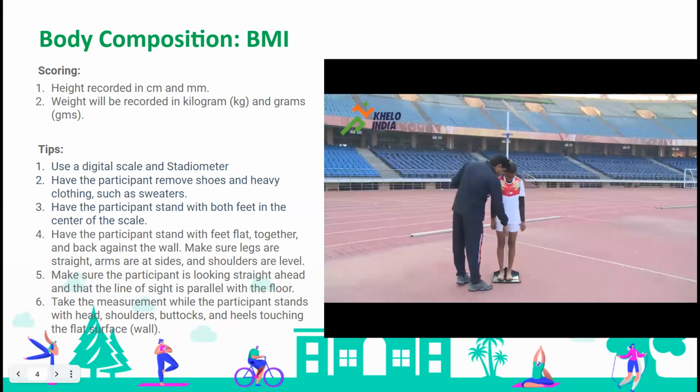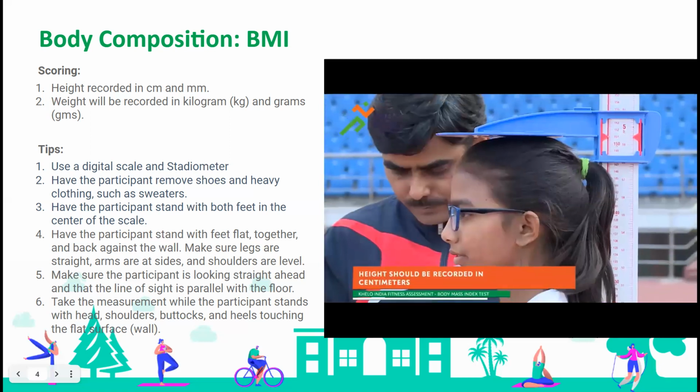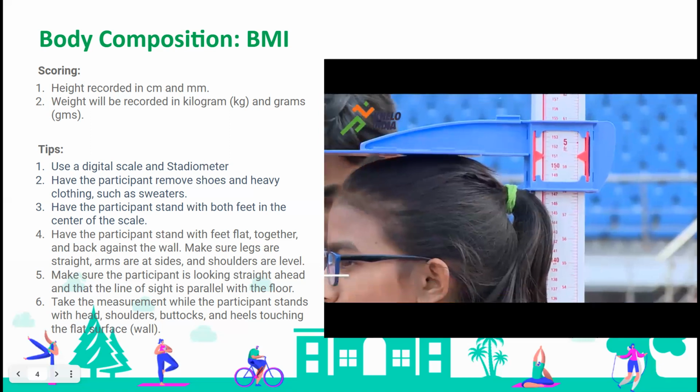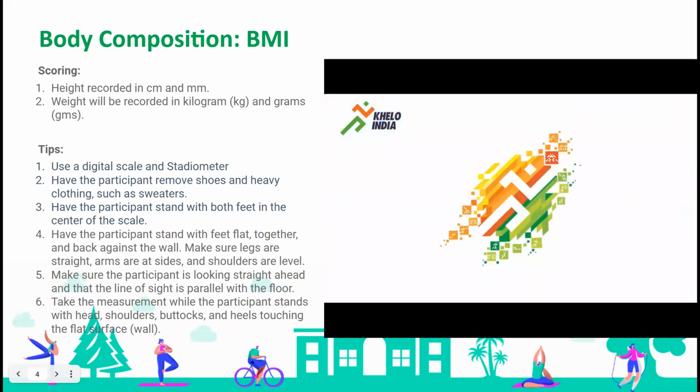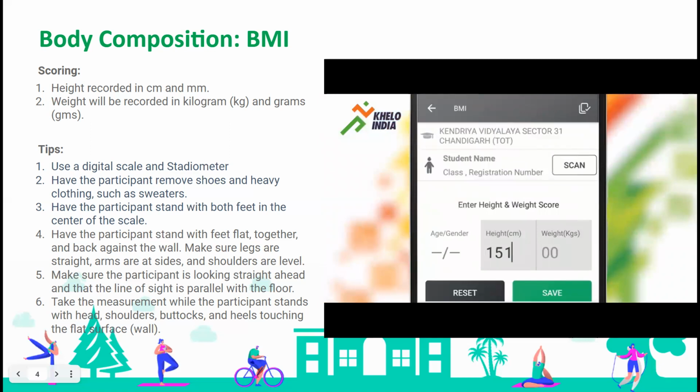Participants should stand with feet flat, together and back against the wall. Legs should be straight, arms at side and shoulders level. The participant should look straight ahead and the line of sight should be parallel to the floor. The height should be recorded in centimeter. The reading of the height should be typed in at the designated place on the screen.